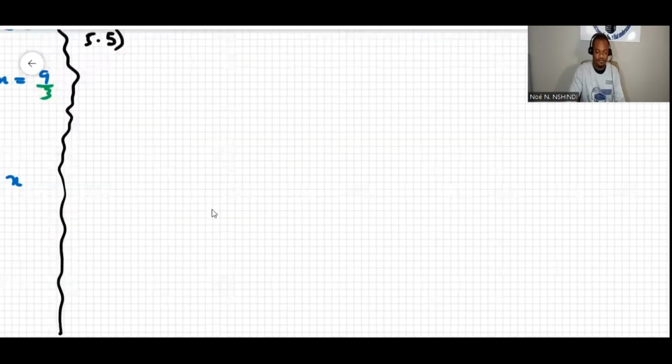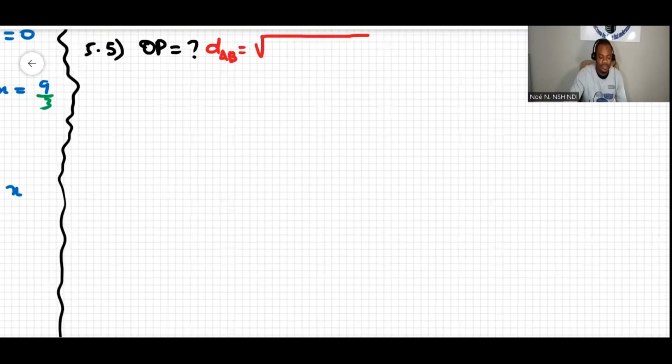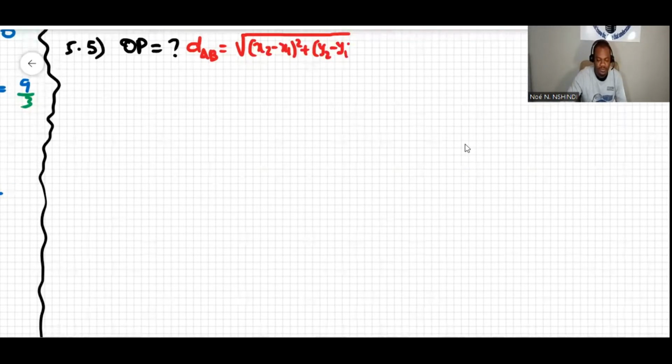We have question 5.5. We're looking for the distance OP. The distance formula for two points is given by the square root of x2 minus x1 squared plus y2 minus y1 squared.